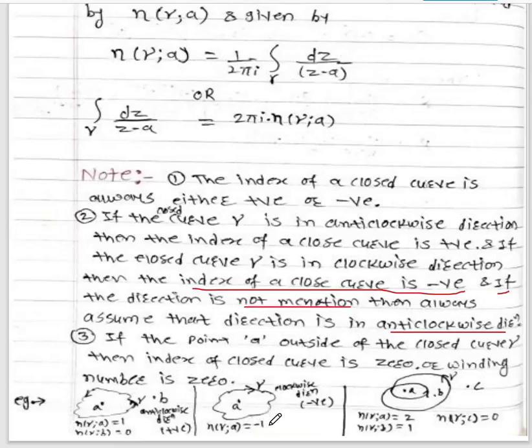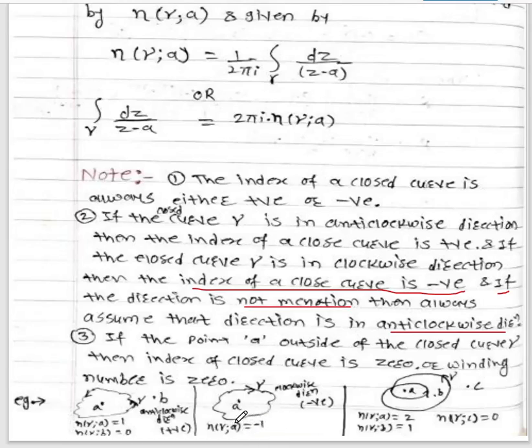Second example: this is another curve gamma, and here the direction is given as clockwise, that means negative. If the direction is anticlockwise, then the index of the closed curve is positive. If the direction is given as clockwise, then the index of the closed curve is negative.